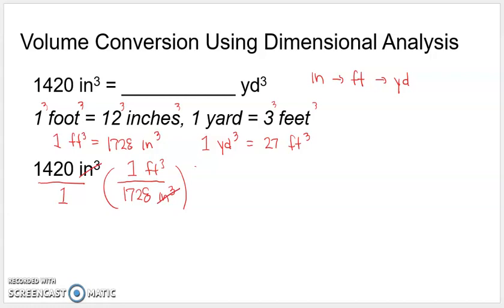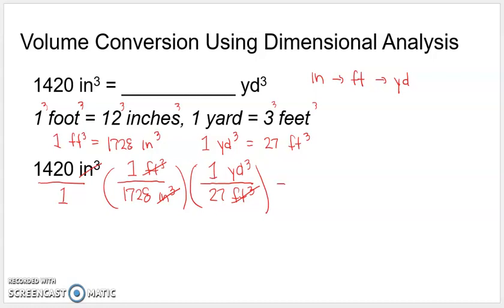Now, I want to convert from feet to yards cubed. I have feet on the top, so I want 27 feet cubed is equal to 1 yard cubed. Again, foot cubed on the top, foot cubed on the bottom, they cancel.